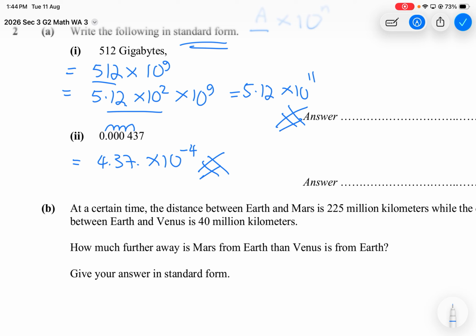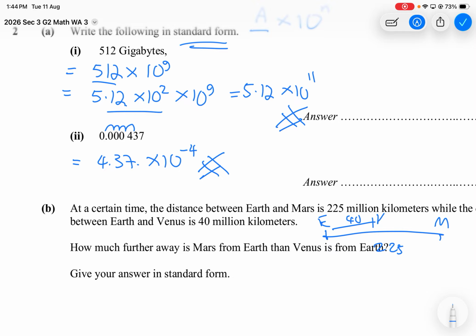The distance between Earth and Mars is 225. The distance Earth and Venus is 40. Then, how much more further? Just take this minus this one only, right? Okay?